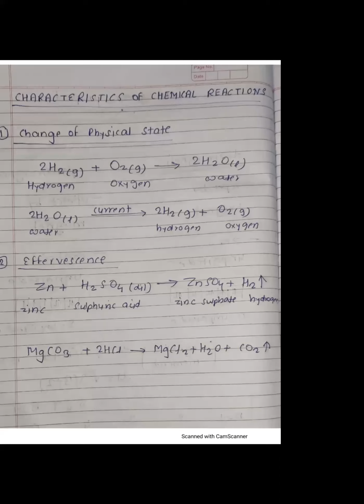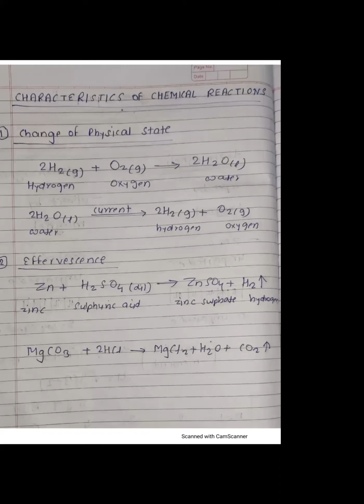Let me tell you one example. Hydrogen gas and oxygen gas combine to form H2O. Here hydrogen is gas, oxygen is gas, but the product which we are getting is in liquid form. So there is a difference in physical state.